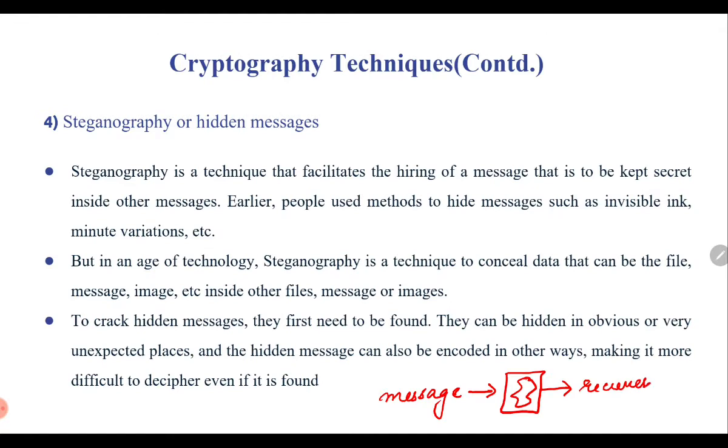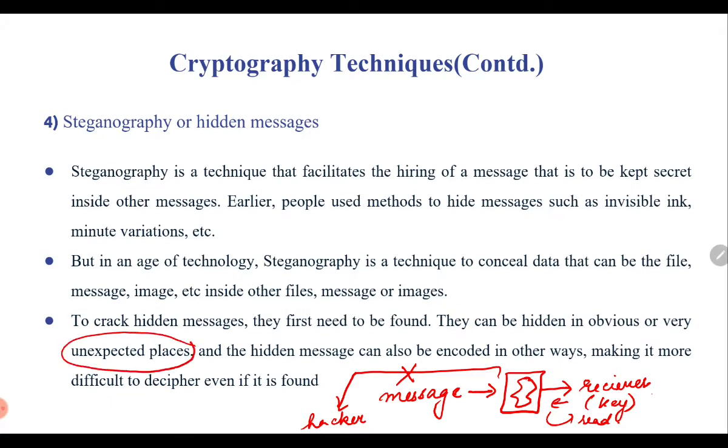Once the receiver receives it, they already have the key to decrypt this message and read it. However, the hackers in between will not be able to identify what type of message has been sent, because these messages are hidden in unexpected places, which makes it more difficult to decipher.